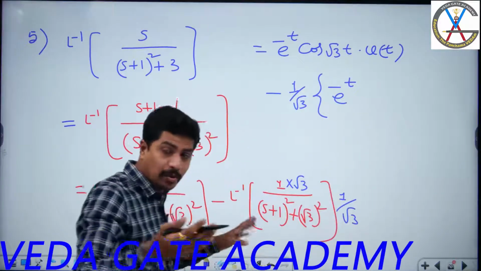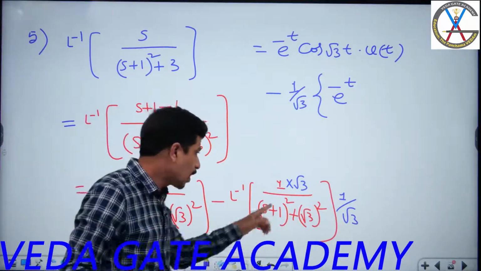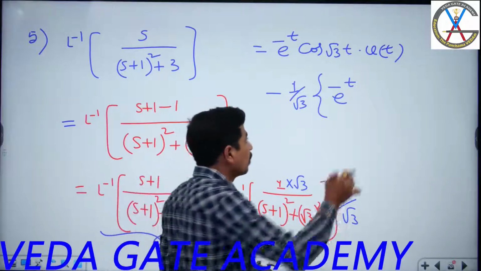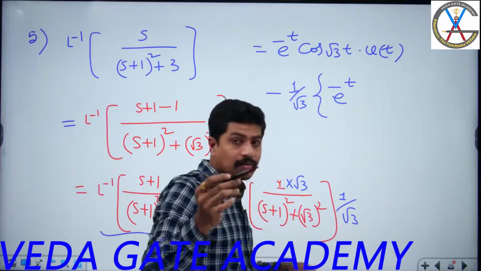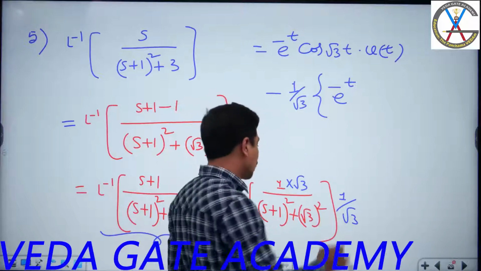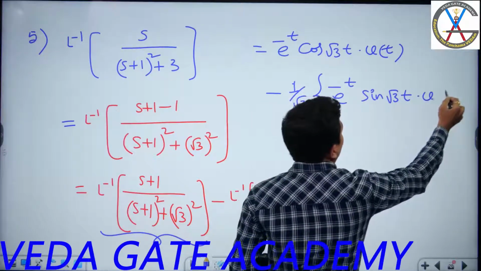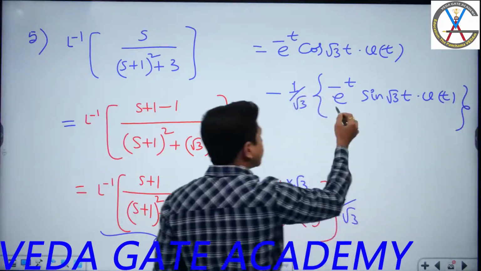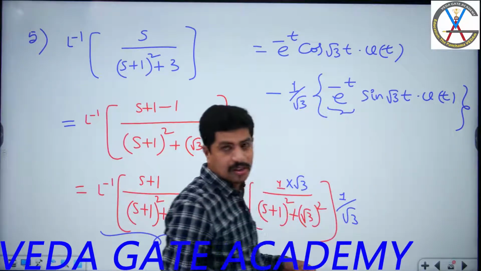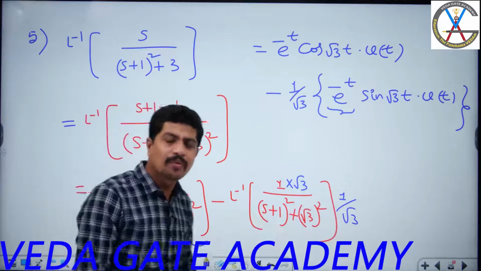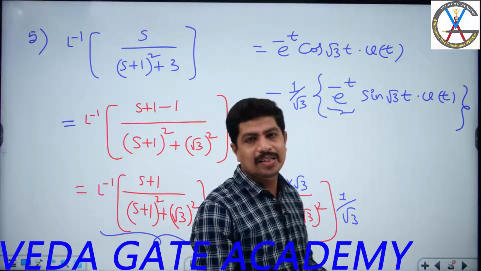Or forget about that shifting, plus 1. What we have is omega by (S square plus omega square), which is sine omega t, so sine of root 3t into u of t. Because of that shifting, we got this e power minus t. This much simply we can find the inverse Laplace transform.